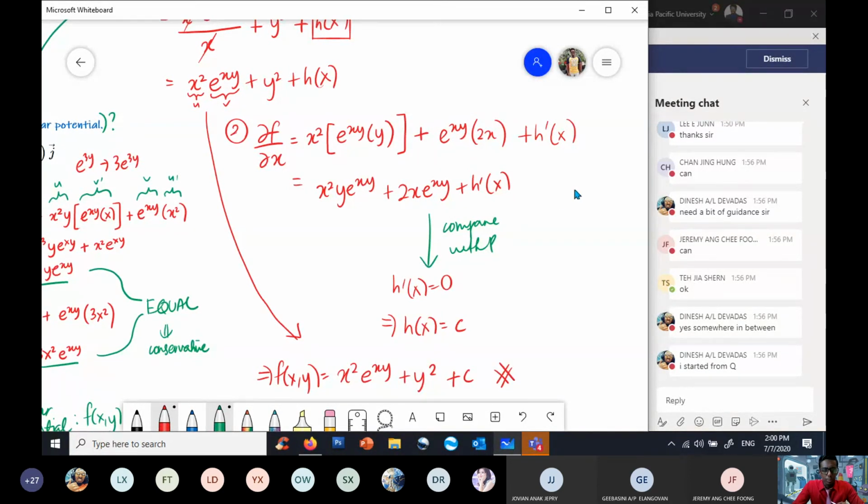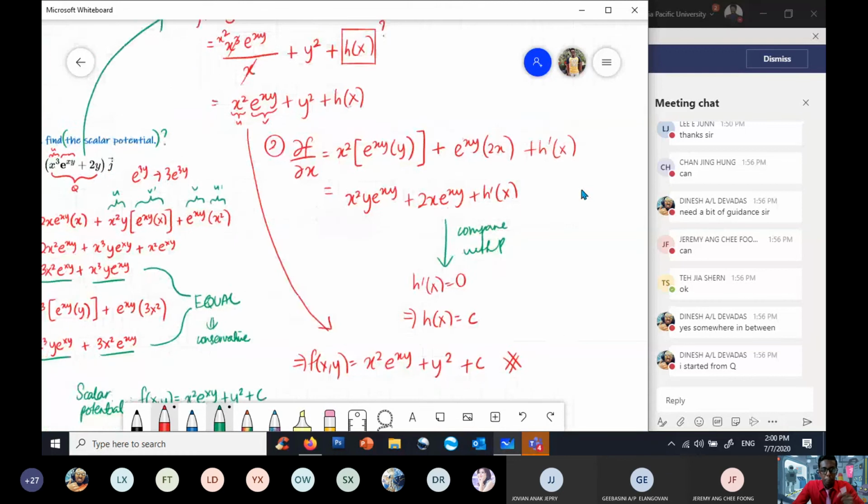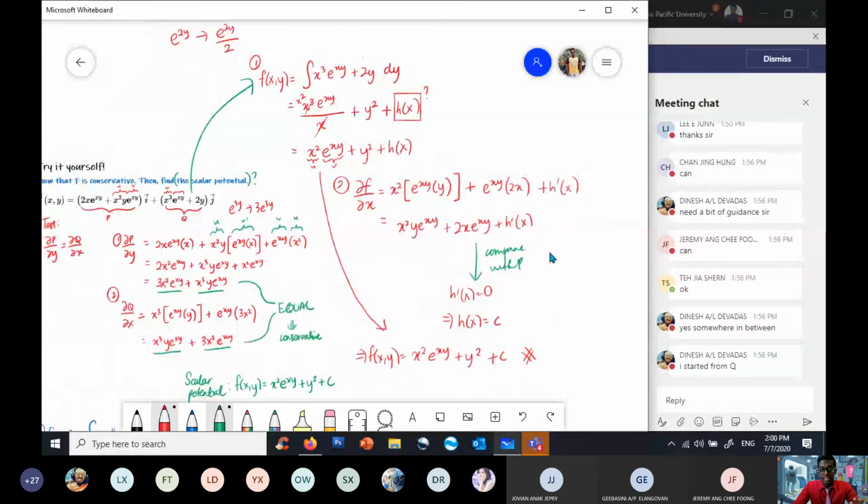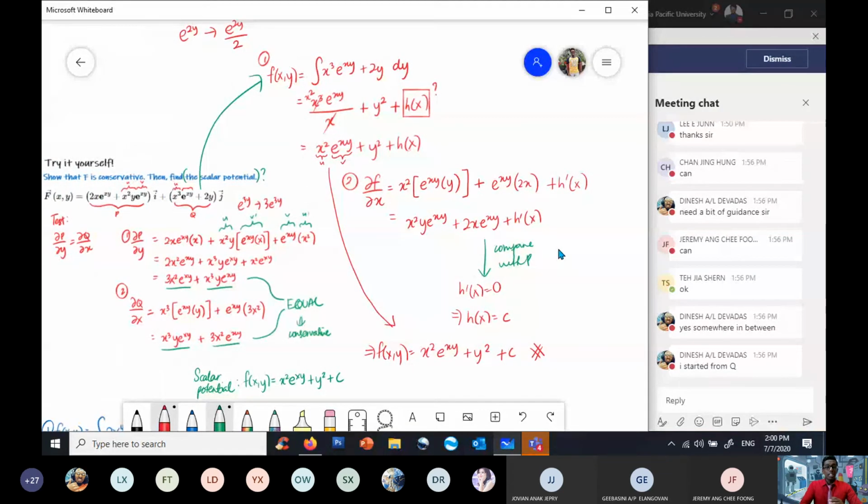That's how it works. Again, same steps: integrate, and the second step, find h(x). If you started from P just now, I think you must use integration by parts. But at the end of the day, no matter how you do it, you will always arrive at the same answer.